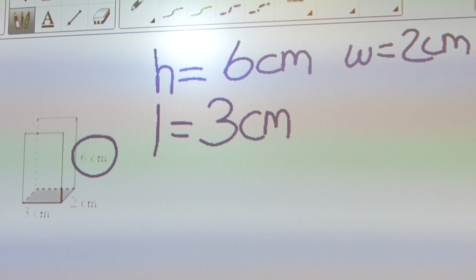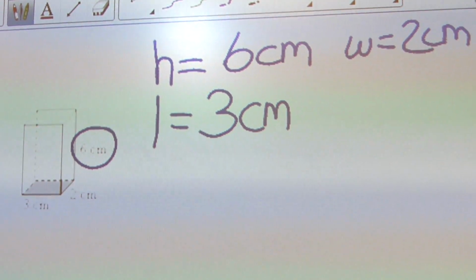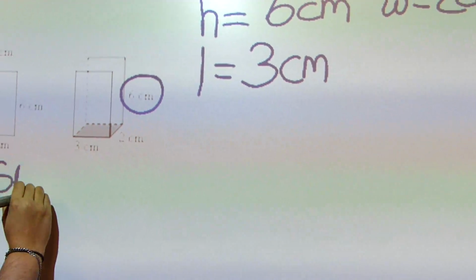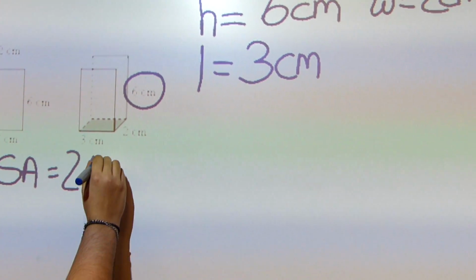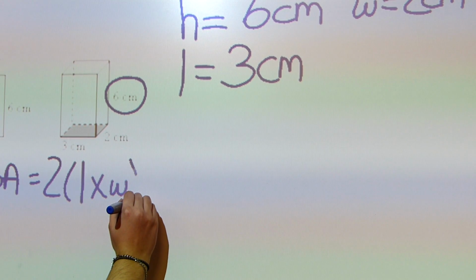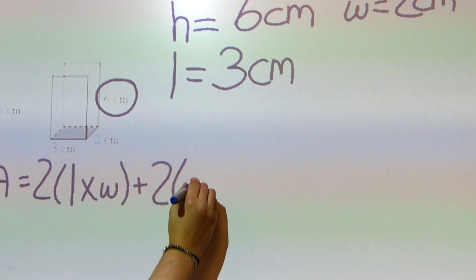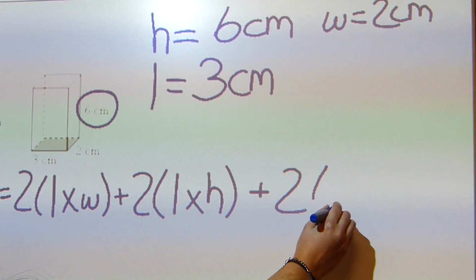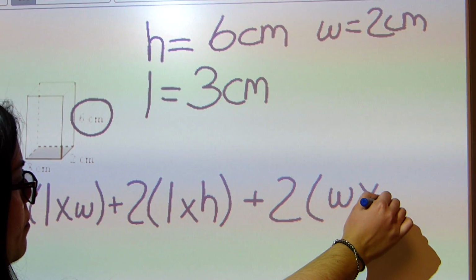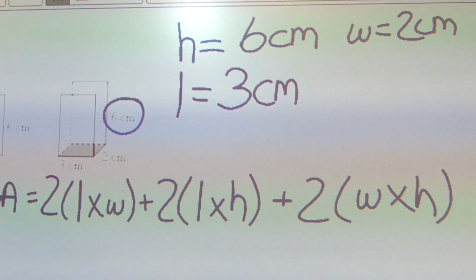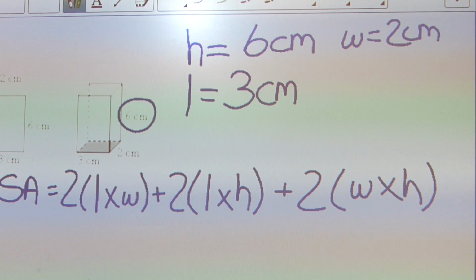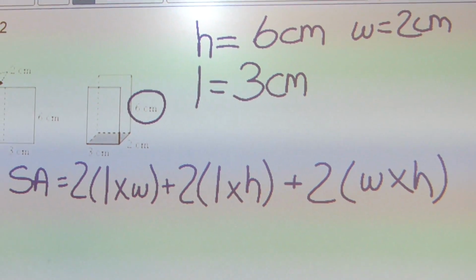So let's write out the formula, and then you guys can pause the video and try to get the same answer, okay? Okay, so from here you can pause, substitute your numbers in, and then you'll come back to the video and make sure that your steps are all right.